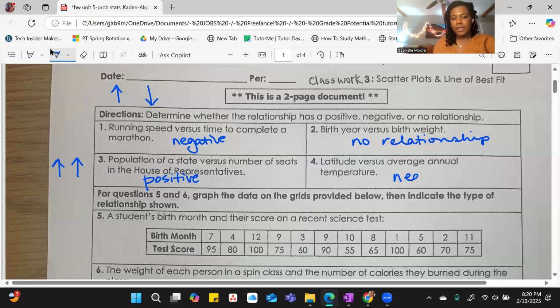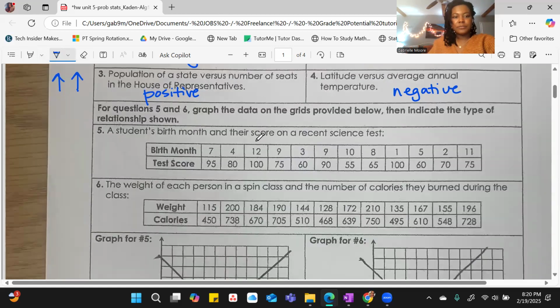So we agreed that it's a negative relationship because as the latitude increases, the temperature decreases. So when we move north from the equator, we're going to see the temperatures drop. So that will show a negative relationship.